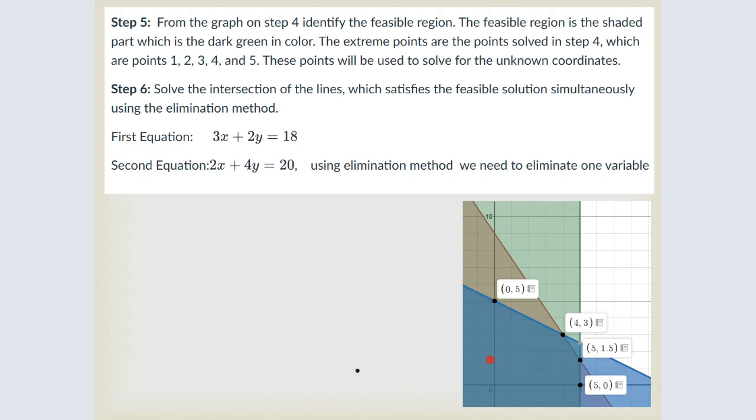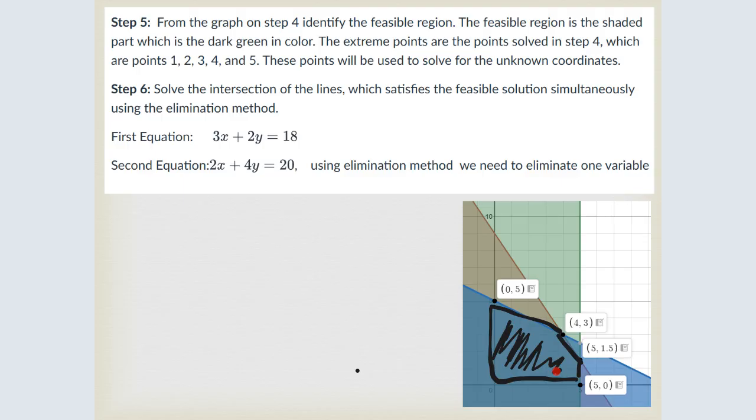That's why this is the only part, so this is our feasible region. Then we're going to get the corners of the feasible region, and that would be our critical points.